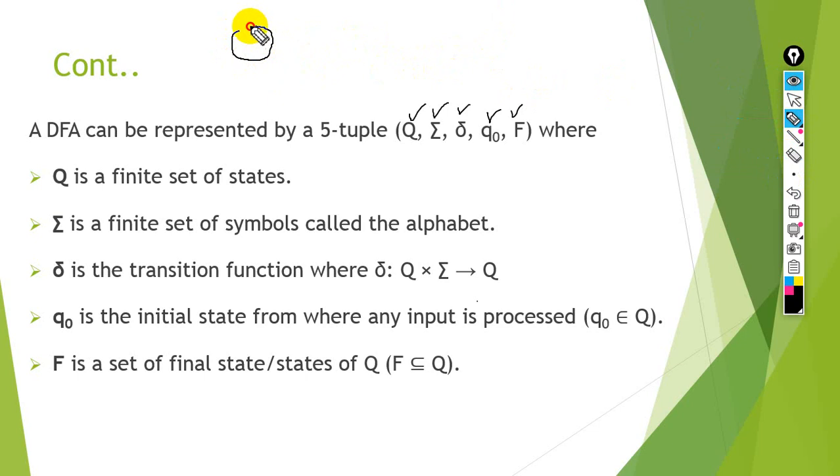For example, this is state Q0, this is state Q1, and this is state Q2, and this is also the final state. So now in this, Q is a finite set of states. So here we can say Q is equal to Q0, Q1 and Q2.